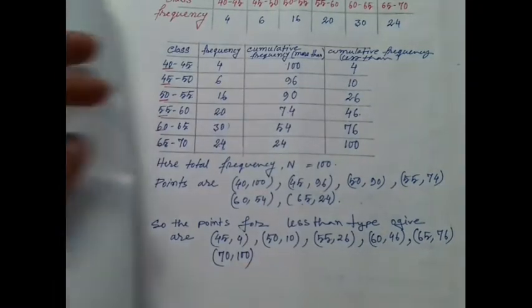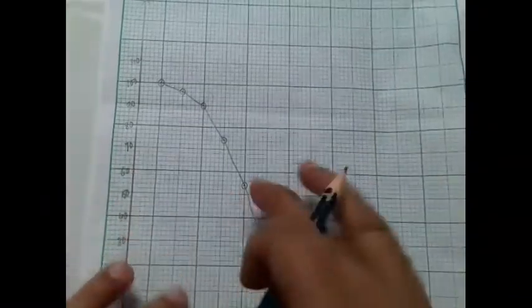Okay, so these are the points. Now we have to plot the points to get the less than type Ogive in the same graph.